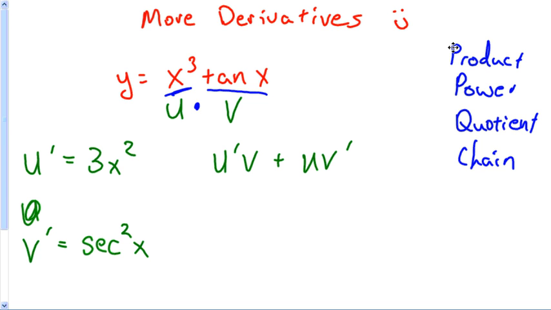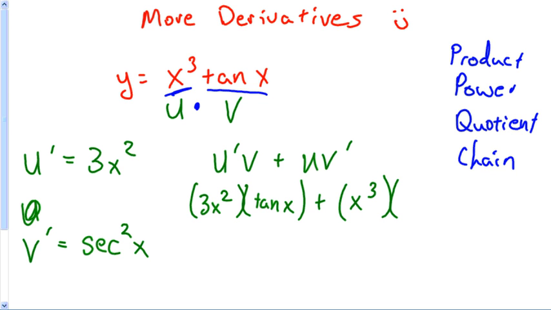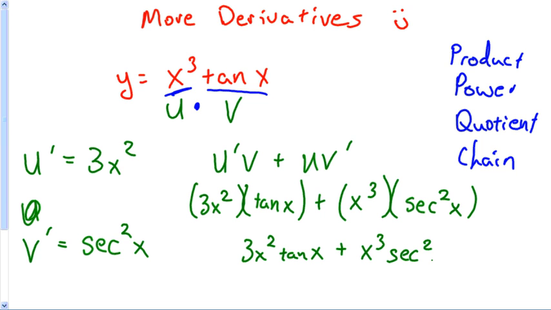We're going to substitute into this thing. 3x squared, v is tangent x, plus u, which is x cubed, times v prime, which is secant squared x. And we can reduce this down a little bit: 3x squared tangent x plus x cubed secant squared x.